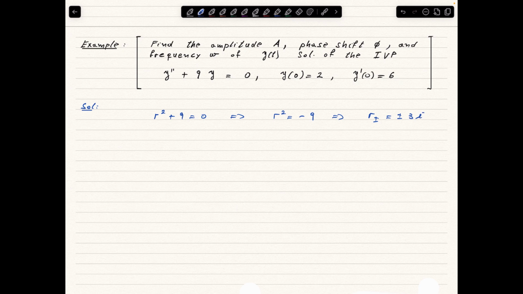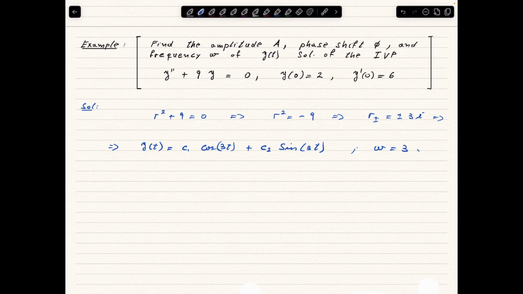So if we have that, we see that the general solution is C1 cosine of 3t plus C2 sine of 3t. And from here we get that the frequency omega is actually 3.